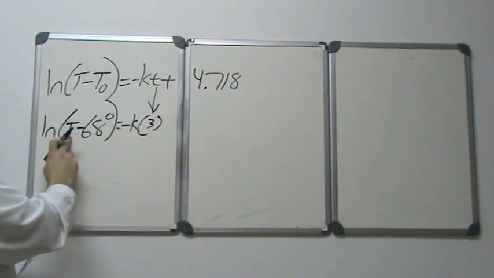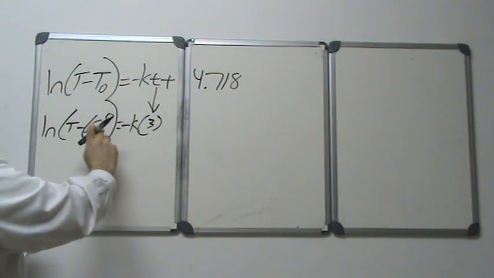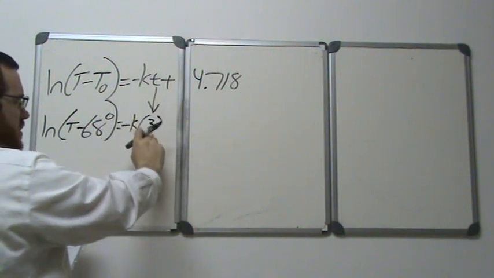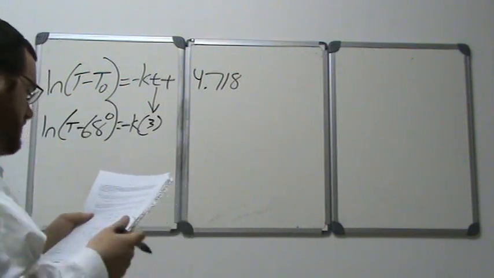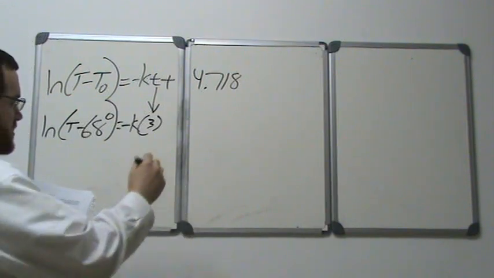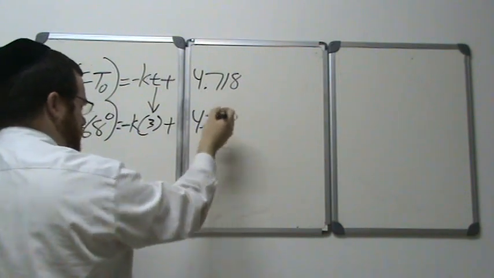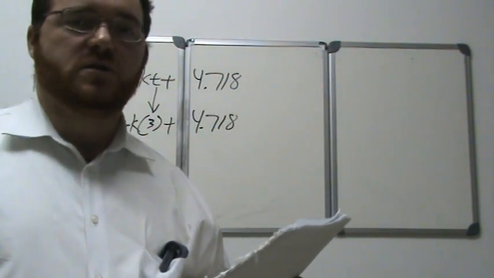So the natural log of T minus T sub 0, and T sub 0 is 68 degrees, is equal to negative k times the amount of minutes, which is 3 minutes, plus 4.718.